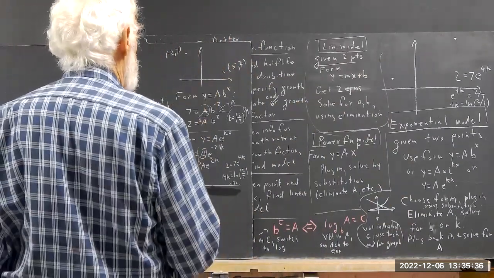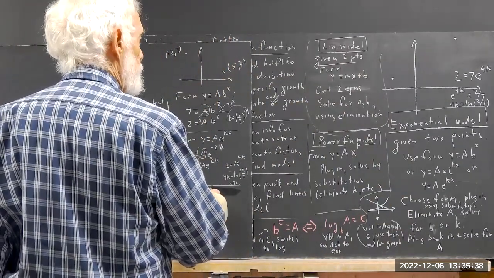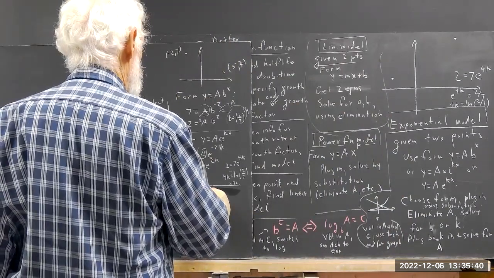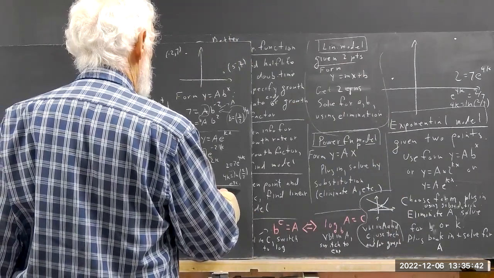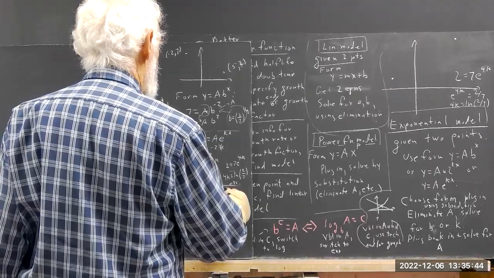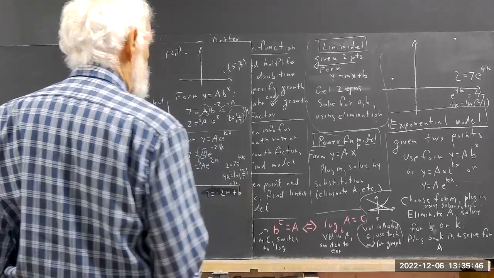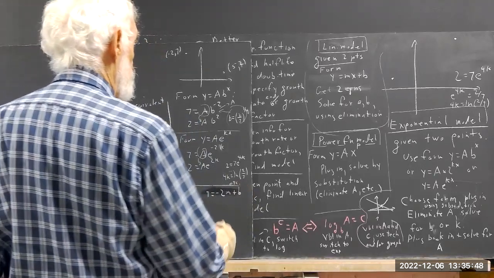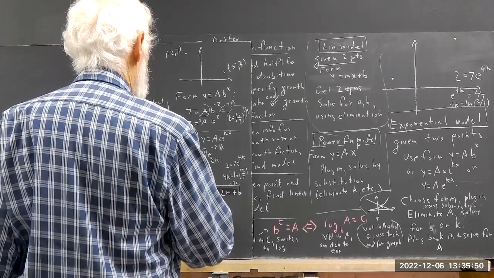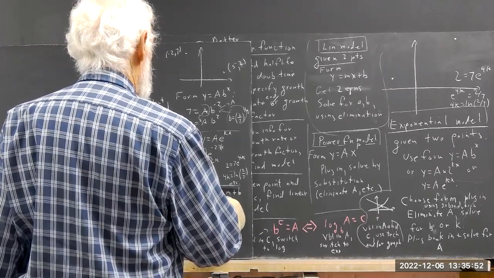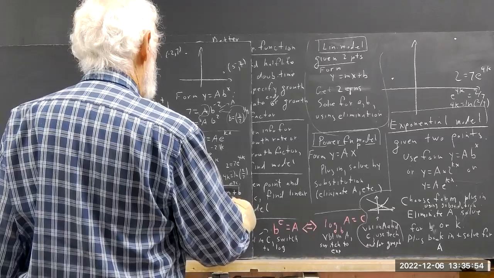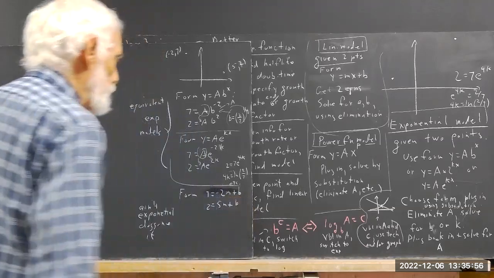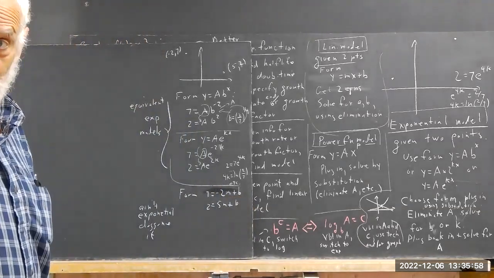In this form, you get 7 equals negative 2m plus b, and 2 equals 5m plus b.